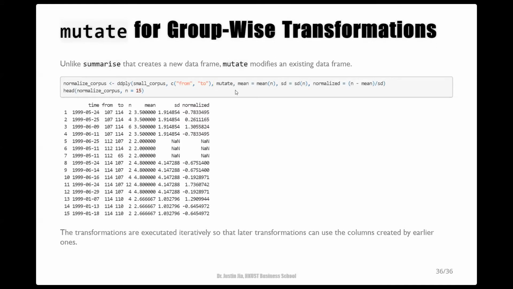Here, I specify three transformations to create three new variables based on the n column. As a result, 3 new columns are added to the existing data frame. And these missing values are introduced because their corresponding groups contain only one observation, on which the standard deviation is not well defined.